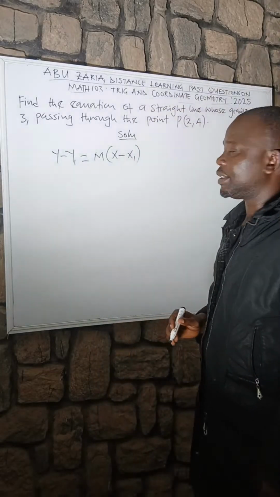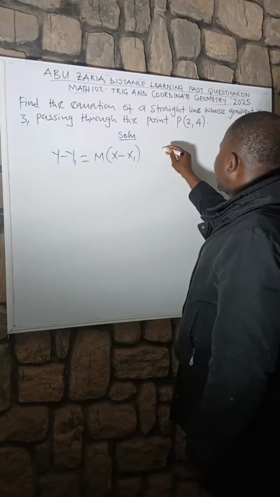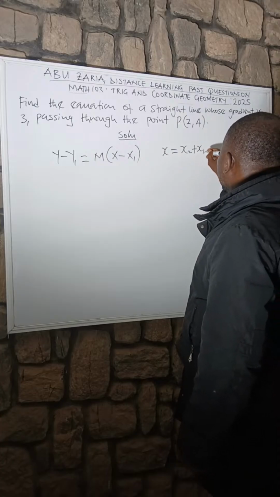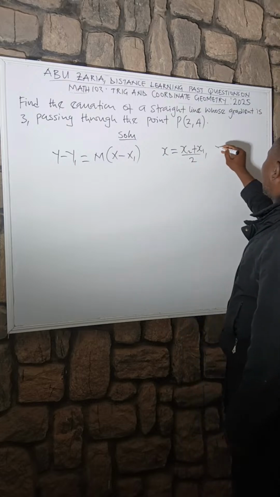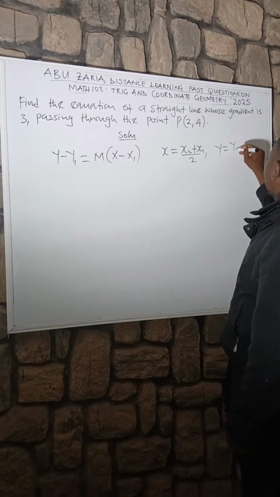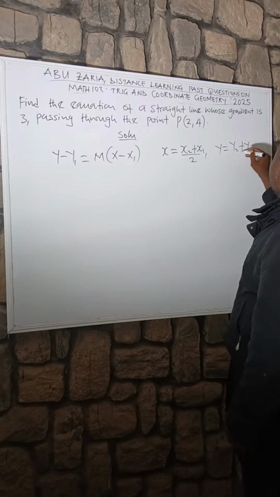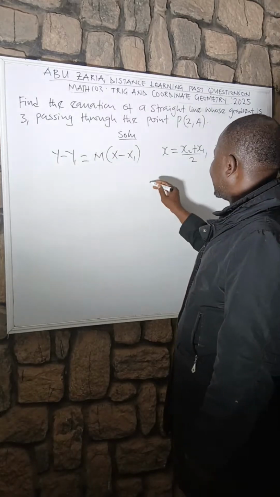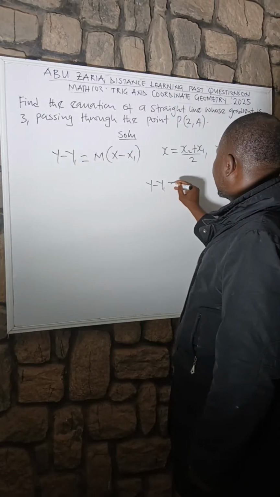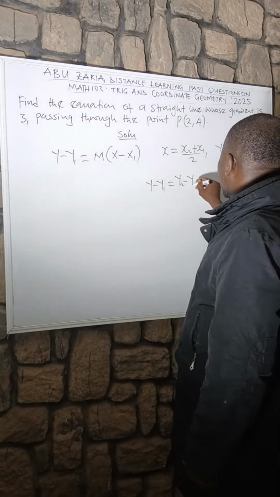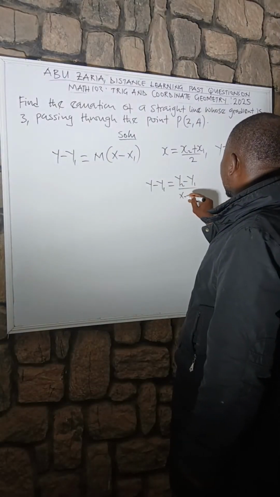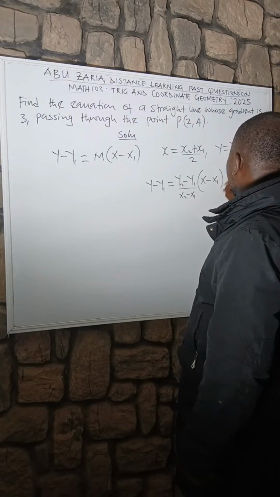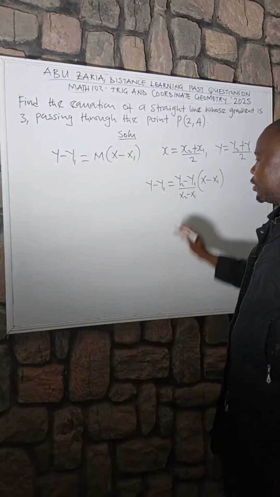Then the other one is x equals to x2 plus x1 all over 2, comma, y equals to y2 plus y1 all over 2. Then the other one is y minus y1 is equals to y2 minus y1 all over x2 minus x1 times x minus x1. Can you see now? This is one of the formulas.